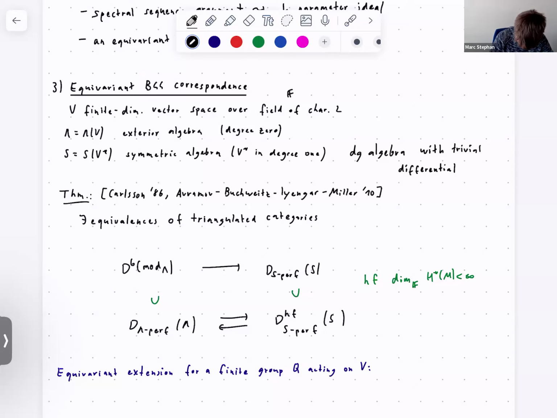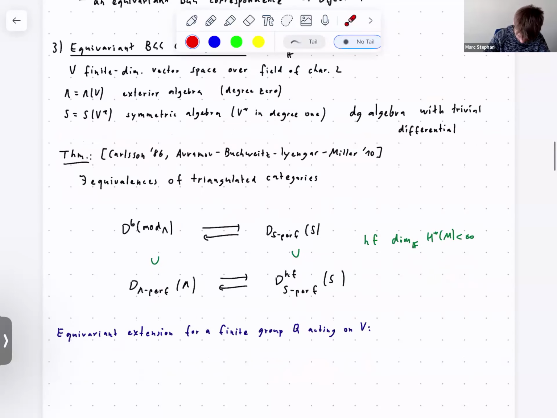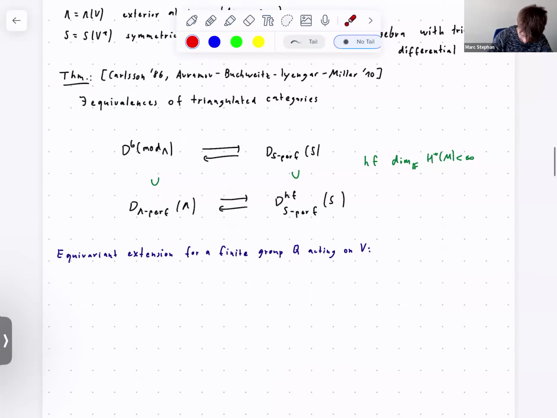And we have an equivalence of triangulated categories also on this bigger one. Now, if you want to extend this equivariantly, we can take a finite group Q and suppose it acts on V, and so it will also act on the exterior algebra, on the symmetric algebra, and the result extends as follows.